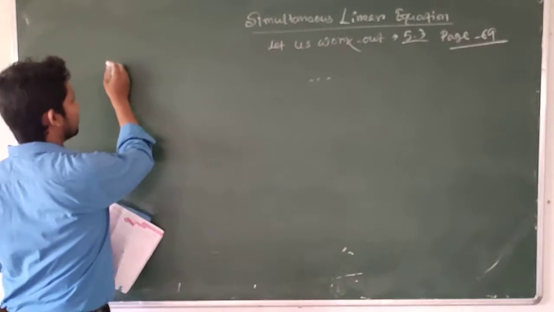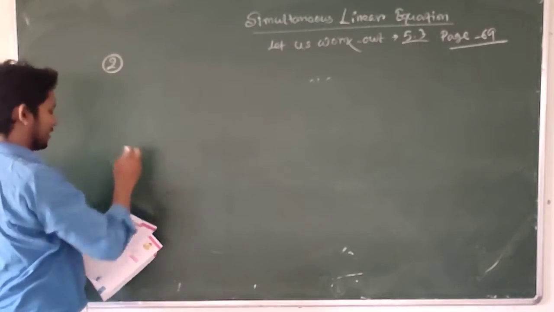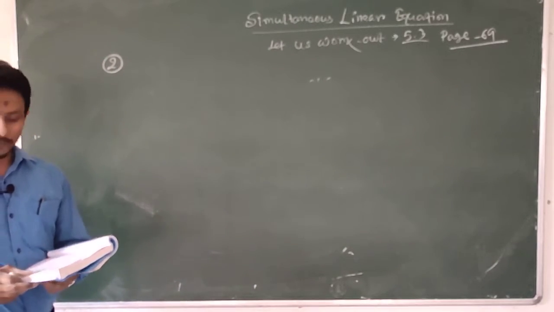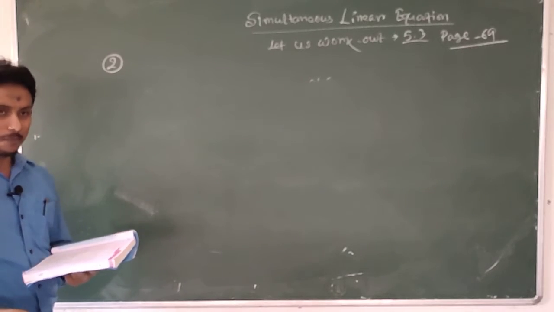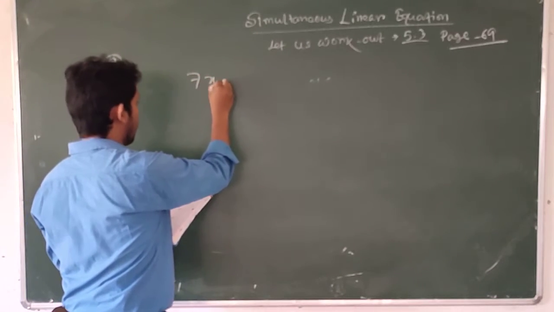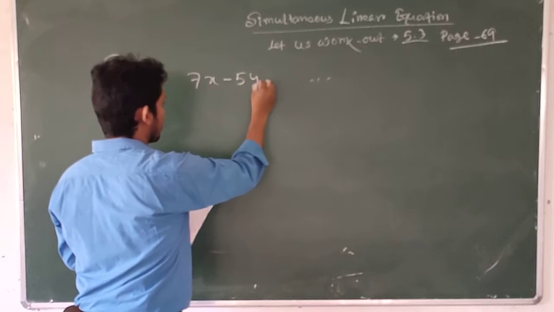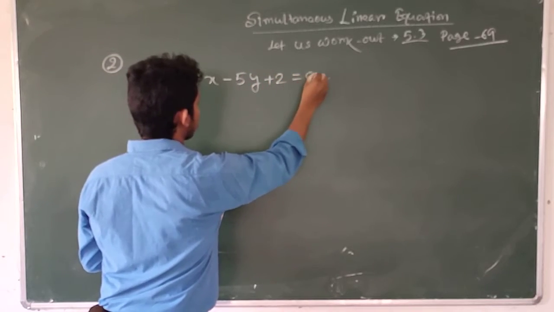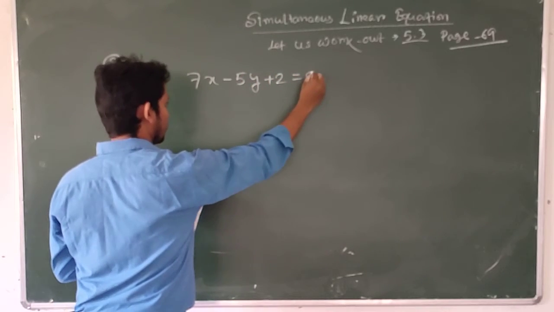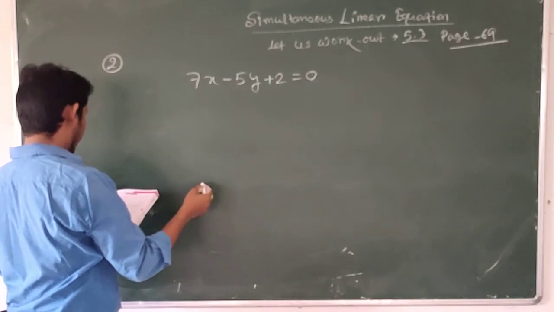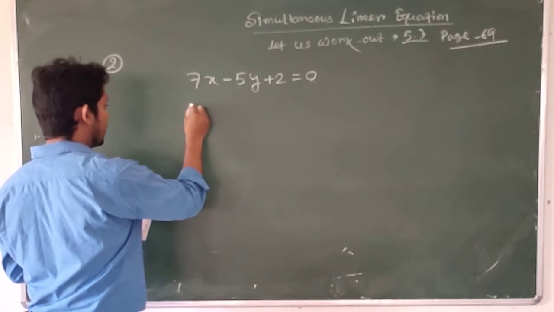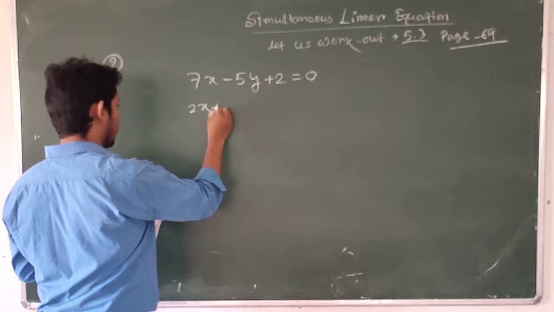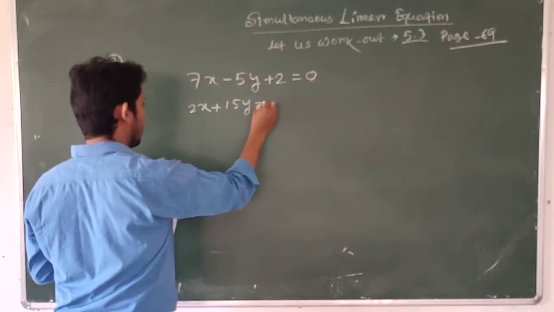Now look at number 2. To eliminate y, what number will be multiplied with 7x minus 5y plus 2 equals 0? And there is another equation, 15y plus 3.